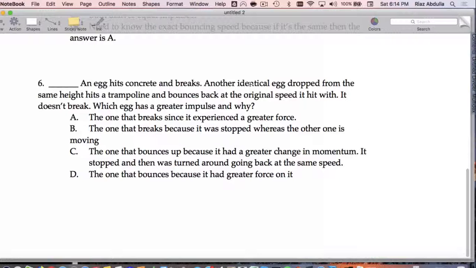So this is false. This is also false. C is the only statement that's true, but let's get a little bit deeper. So here's a question a student might ask.